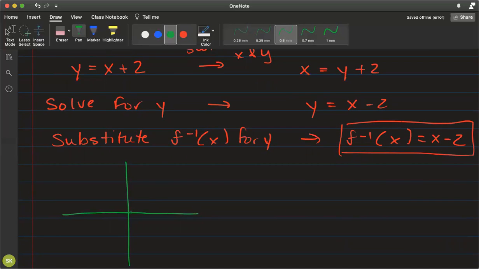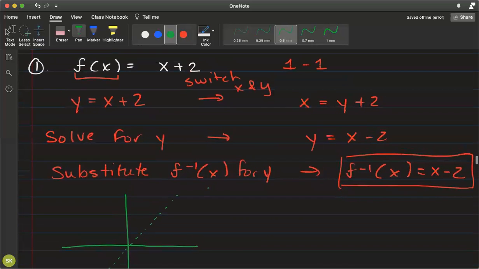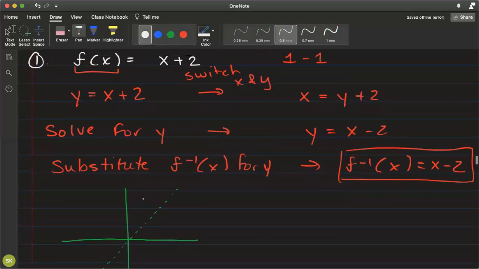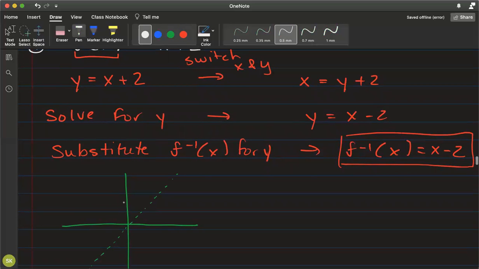I'm also going to sketch the line y is equal to x. Okay. And then let's sketch f first. Let's put that one in white since it's already in white. x plus 2 is, well, it's up 2. So 1, 2. And it looks something like this.